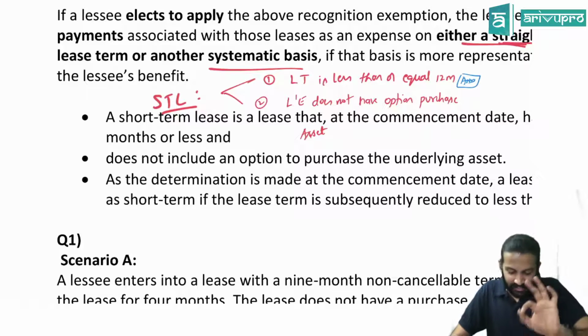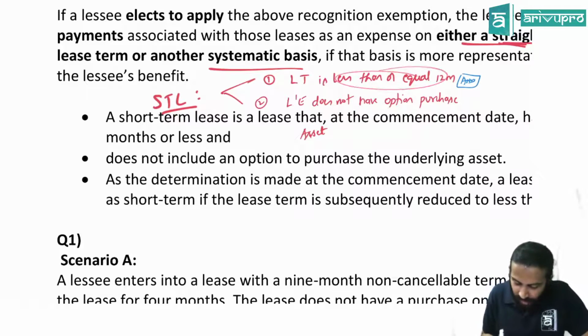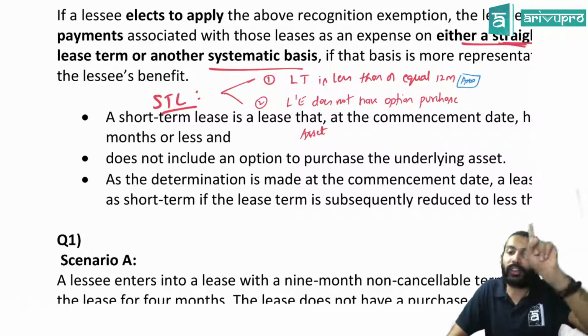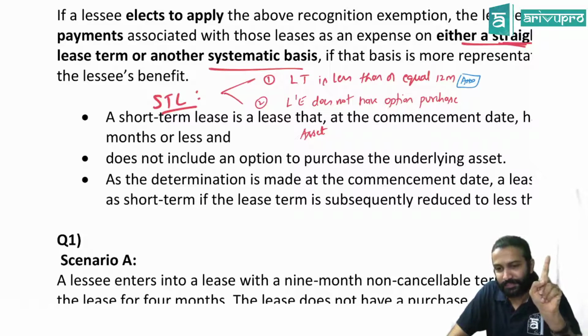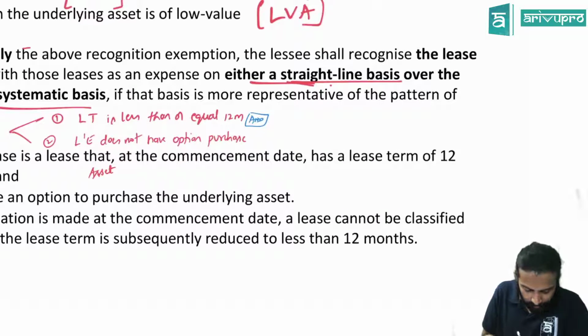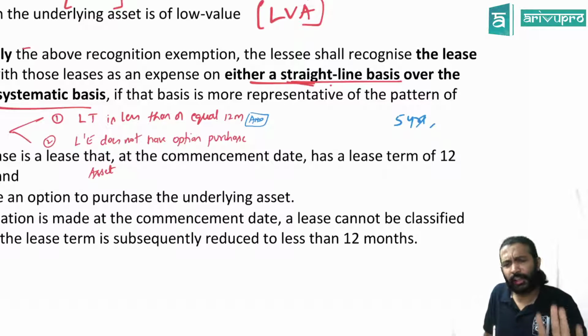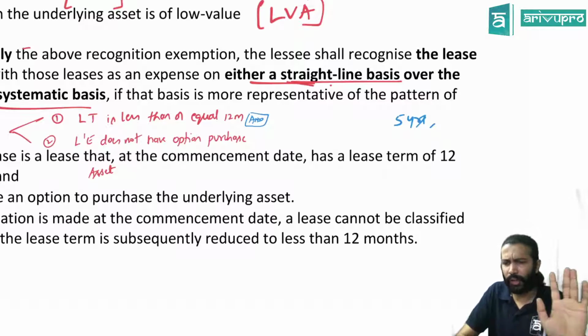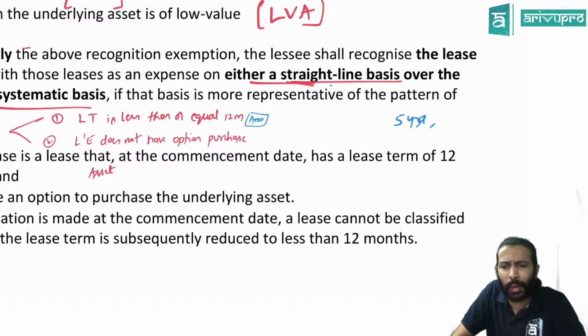This lease term, lesser than or equal to 12 months, should be found out on the lease inception date. Meaning, let's say originally the lease term was 5 years. 1 year over, everything was fine. That means the lease term remaining is how many years? 4 years.